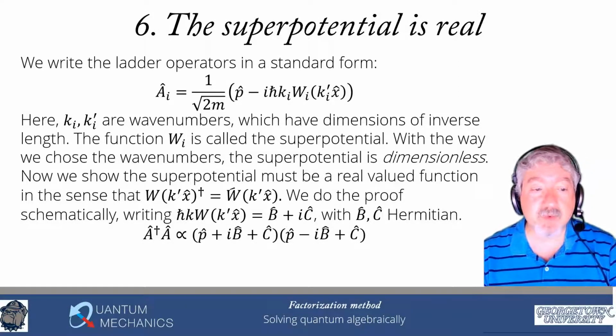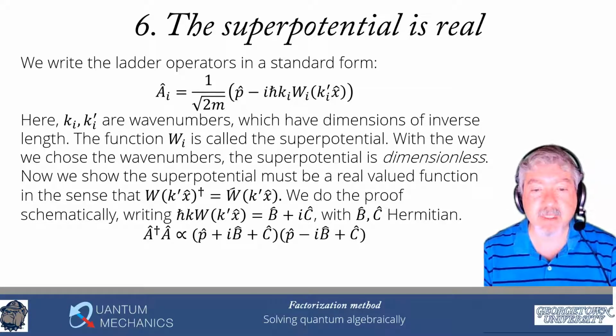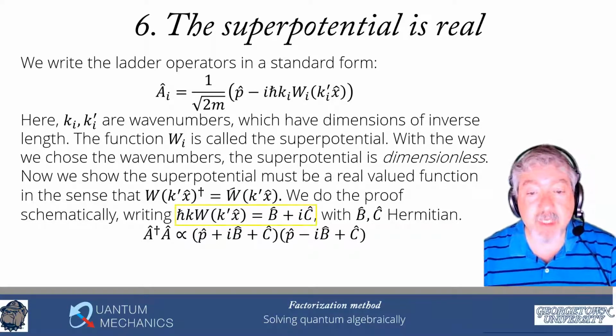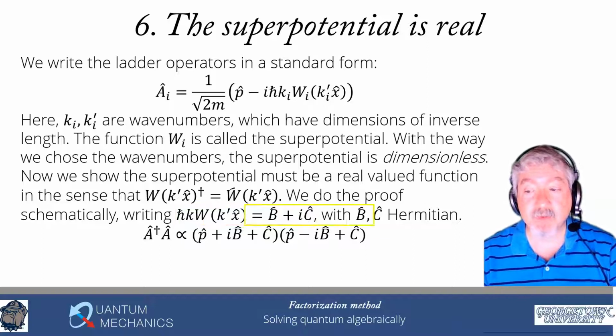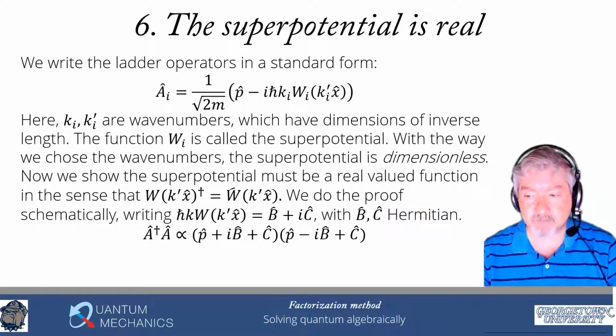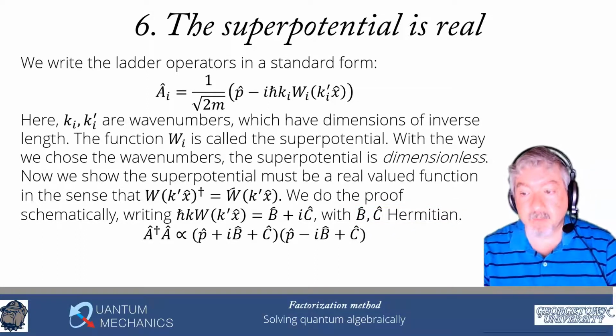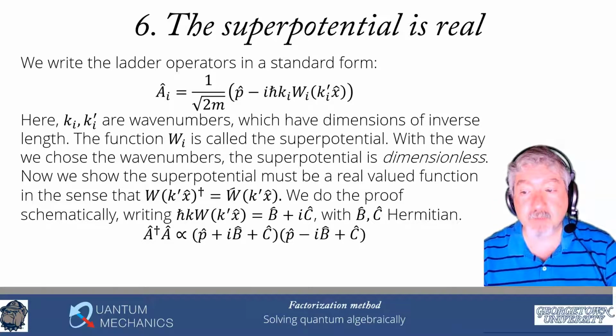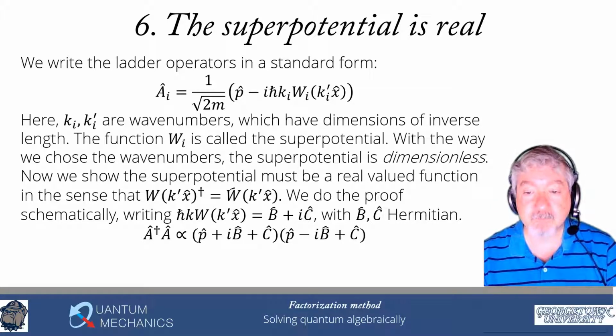Now, we're going to do this proof by schematically writing h bar k W of k prime x is equal to B operator plus i C operator, with B and C both Hermitian. You see, in order for W to be Hermitian, C must be 0. Because otherwise, W dagger would equal B minus iC, and that's not the same as W.